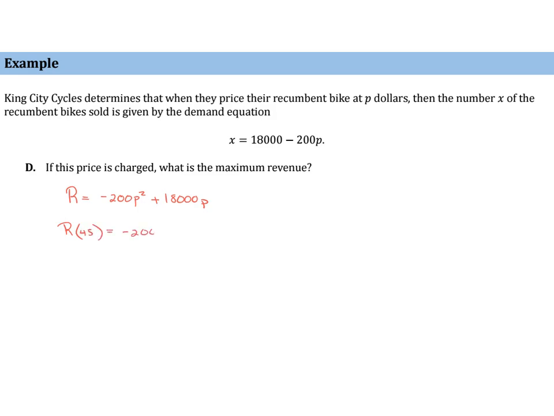So we have negative 200 times 45 squared plus 18,000 times 45. This yields for us 405,000. That's a revenue, so the maximum revenue is in dollars, $405,000.